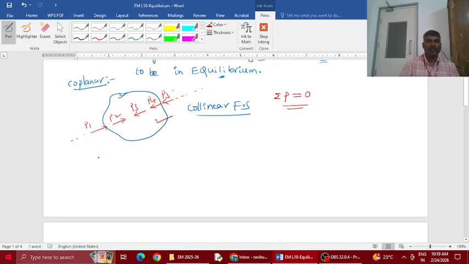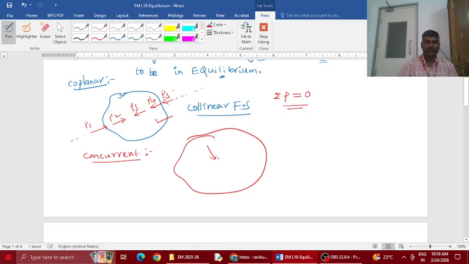Then let us talk about concurrent force system. Consider a body where all the forces are acting at a single point, something like this. Let us say these are P1, P2, P3, P4, P5, P6.